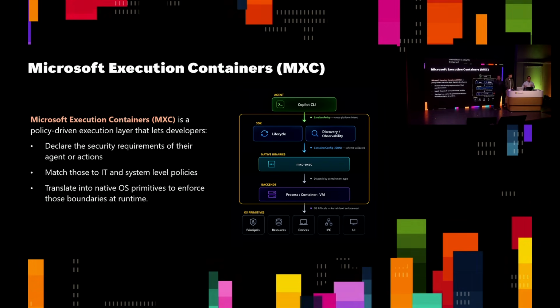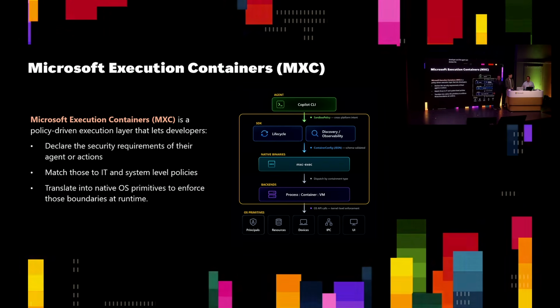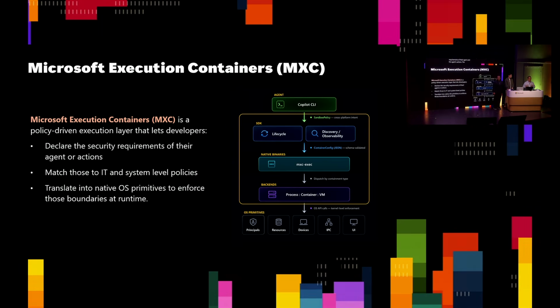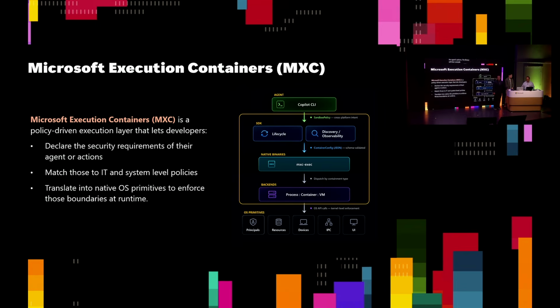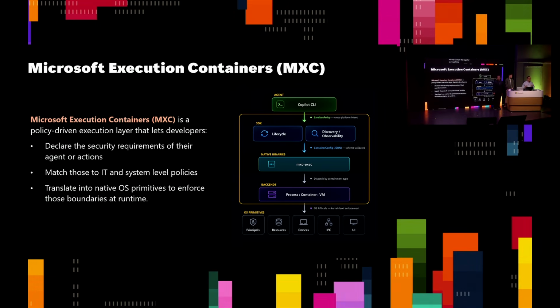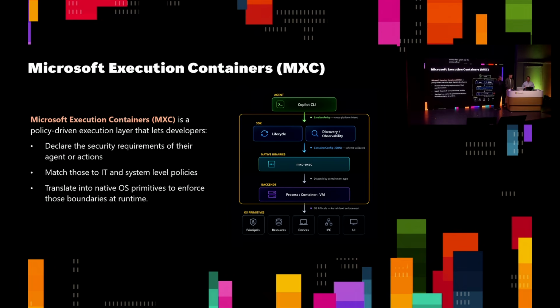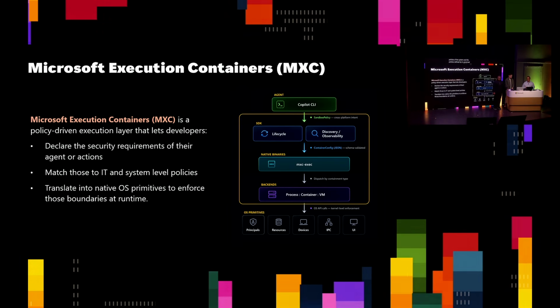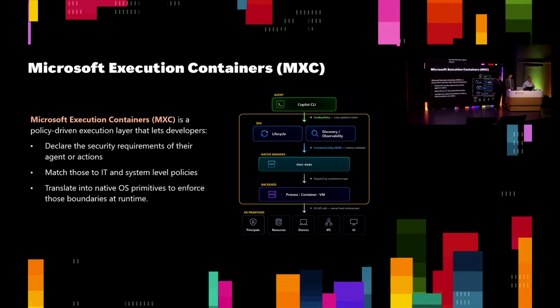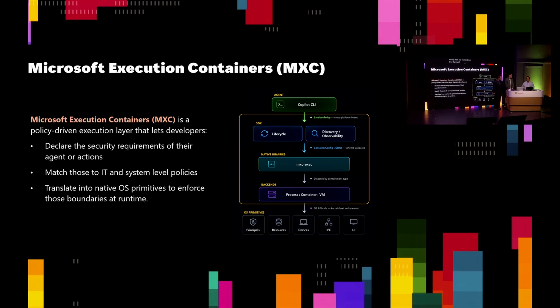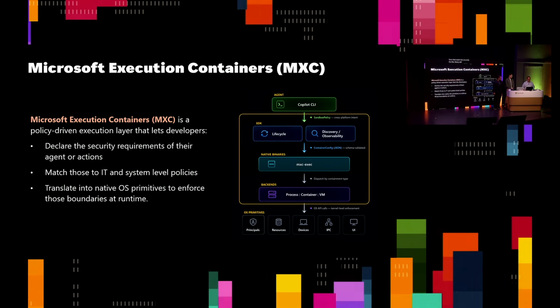The library will then compile that together and match that against the policies of the system and the policies defined by IT, governed by tools that we're used to using to deploy things, to manage them, and monitor them. Once that match has occurred, the MXC library will then look at the native OS platform and try to assemble together the right container for the job.